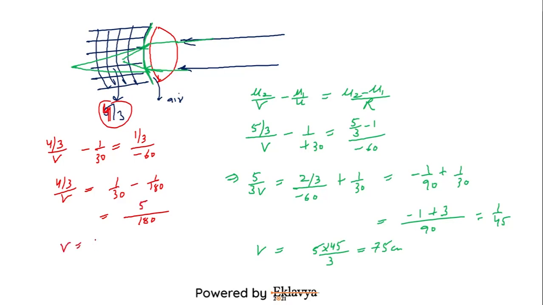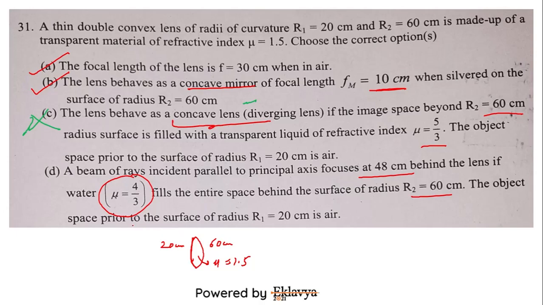So V will become 4 by 3 into 180 by 5. So this becomes 60 and 12, and 48 is what we are getting. So the focus is at 48, yes, so option D is correct. So for this question, A, B and D are the correct answers.